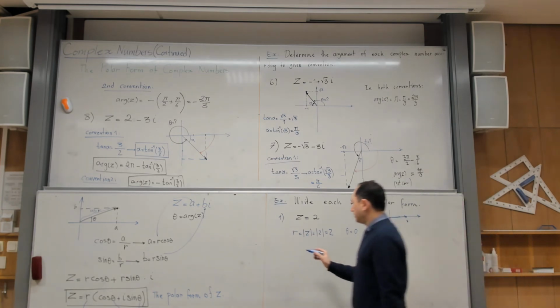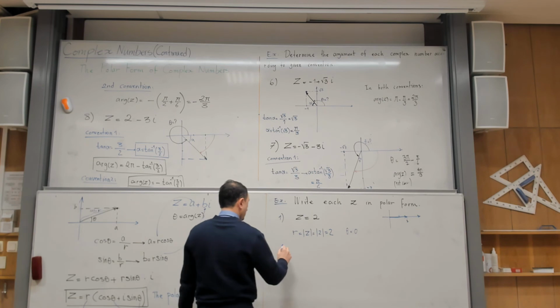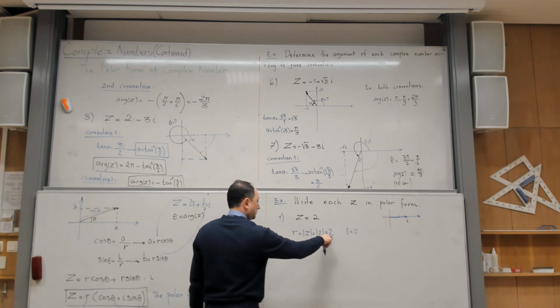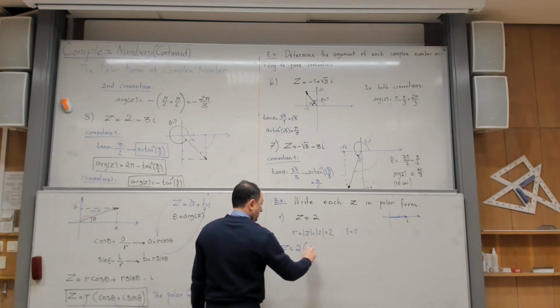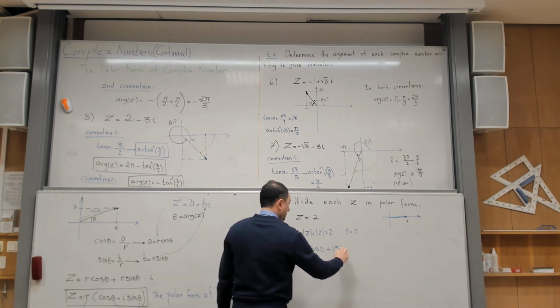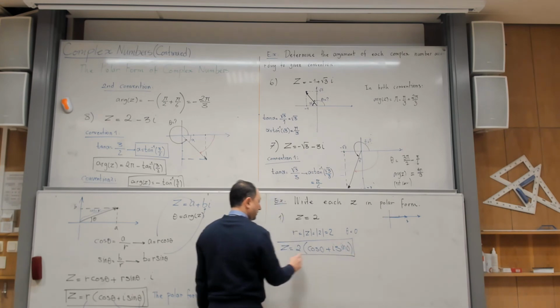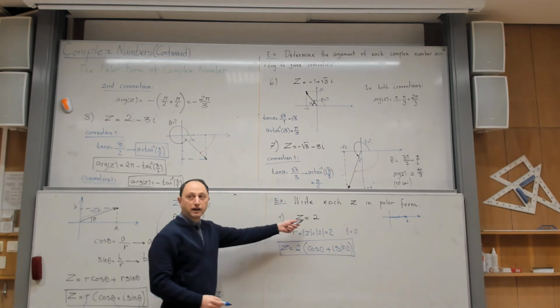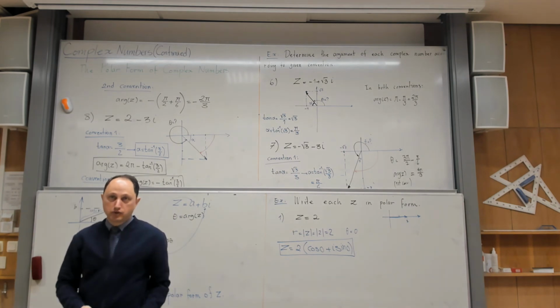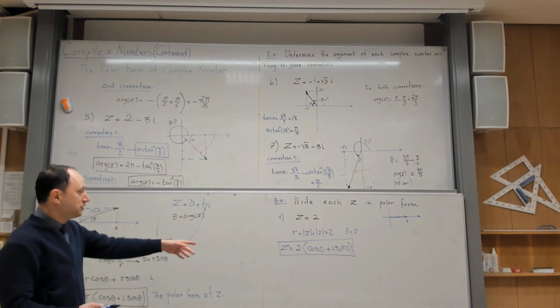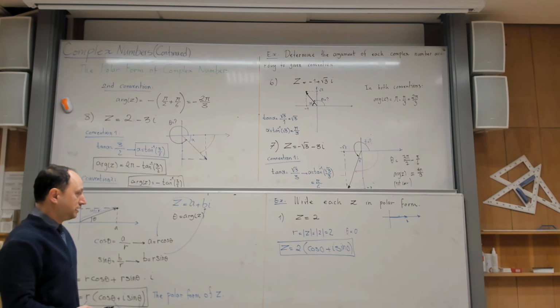And then be careful, you have to write it in that form. So you write z is equal to 2 cosine of 0 plus i sine of 0. And you have to keep it in this form, not simplify it, because if you simplify it, you go back. And that's not the point. So I'm making the number 2 so complicated, yes?